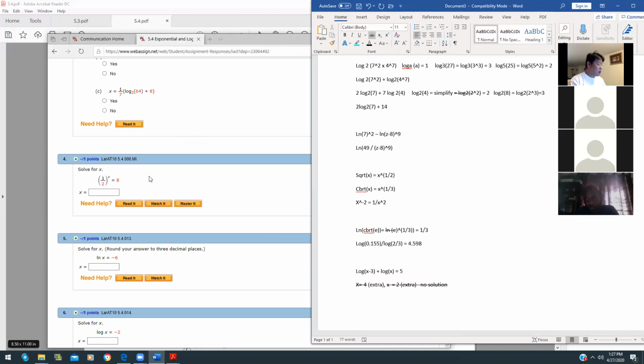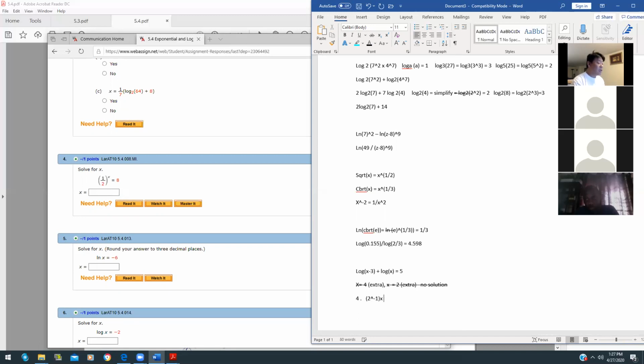As you guys remember, 1/2 has a negative power. So for question 4, you make the base the same. So 2 in this case will be to the power of -1. 2 to the power of -1 is going to be your 1/2.